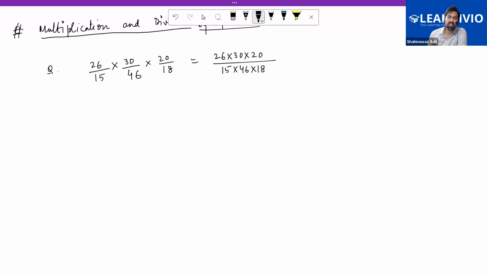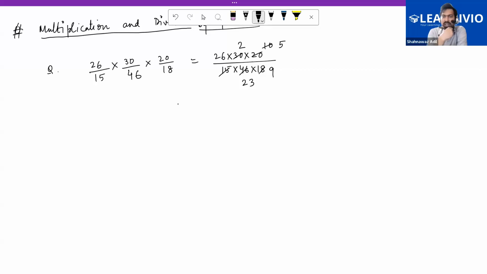So what would be the end result? We know that this is divisible by 2, so this is 10 and this is 9. Then again we have 10 and 46, which is divisible by 2, so 5 and then 20. Then 30 and 50, so this is 2.